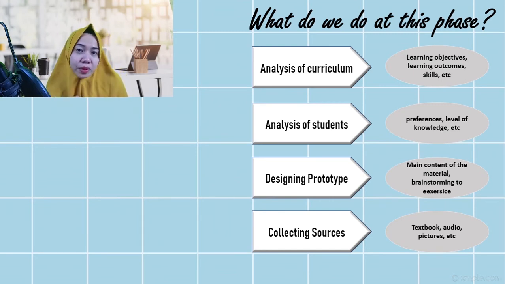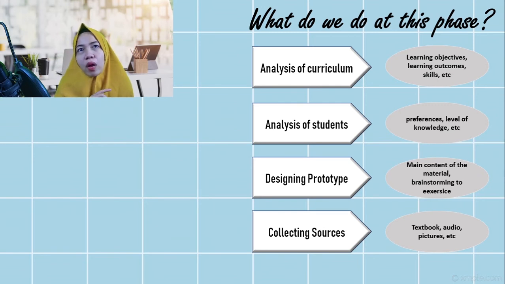The objectives are like this, and my students' conditions are like this. So what kinds of materials am I going to provide? Is it a textbook? Is it a worksheet? Or is it a learning video, or what? You have to decide what kind of learning material you want to develop, and also its content.